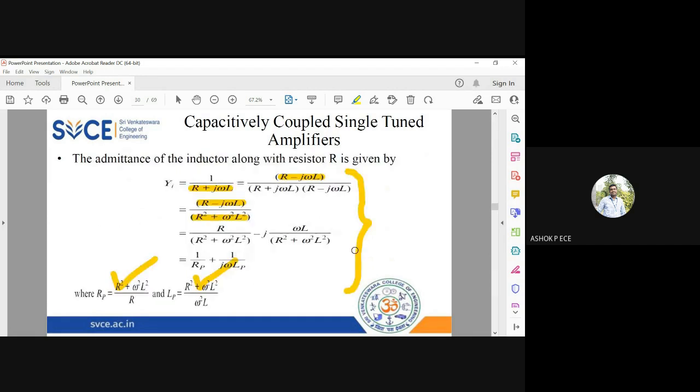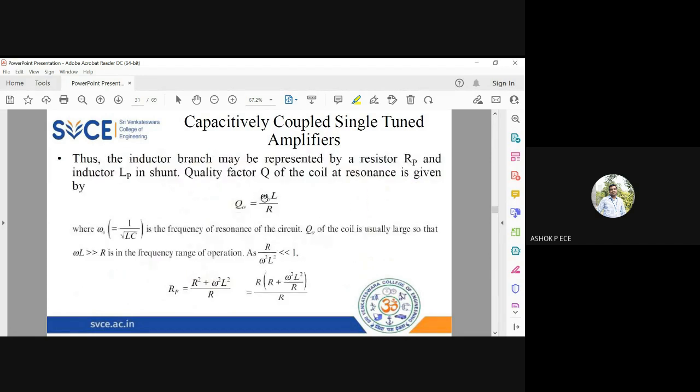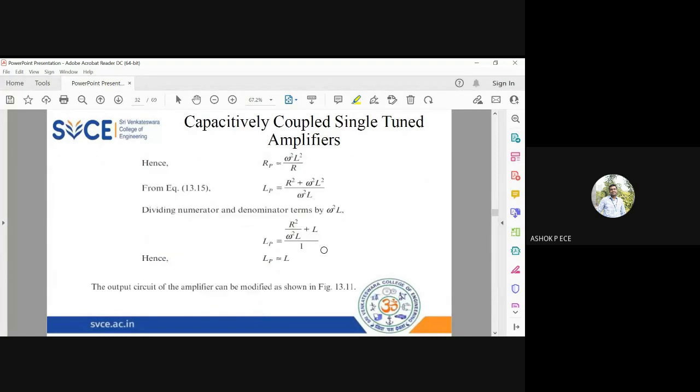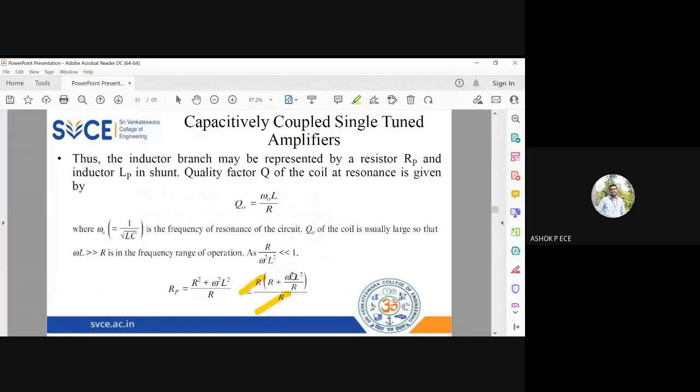And you know the quality factor is given by omega naught L by R. So we are going to simplify. In the expression for RP, take R as common, so R into R plus omega square L square by R. So you can cancel this R, and you get RP equal to R plus omega square L square by R. So when you compare, this R value is very, very small.